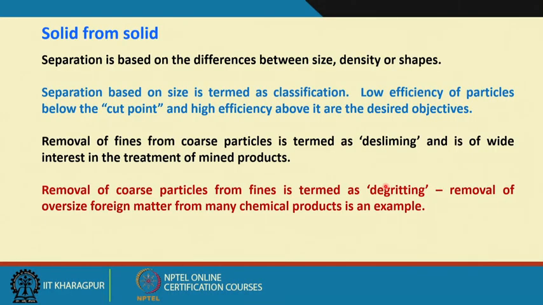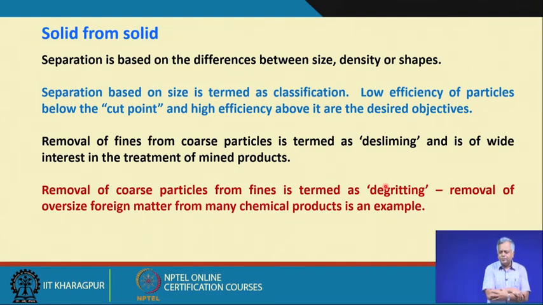Removal of coarse particles from fines is termed as degritting. Many times we use the cyclone when we have certain amounts of coarse particles coming from my upstream processes, or maybe from quarry products.